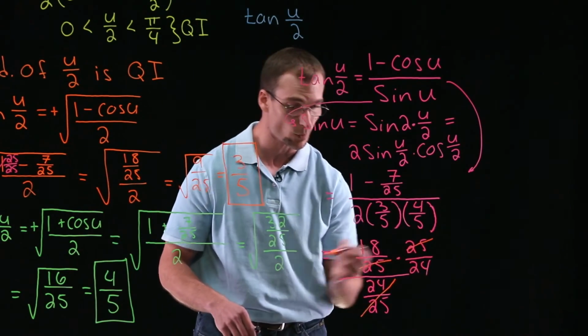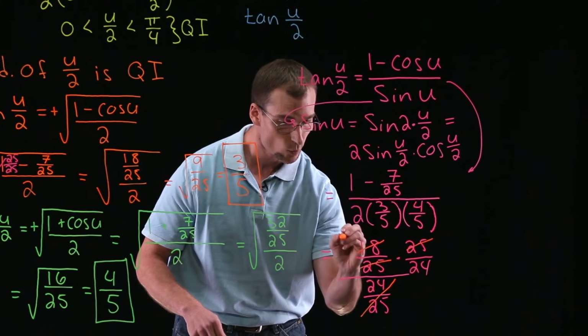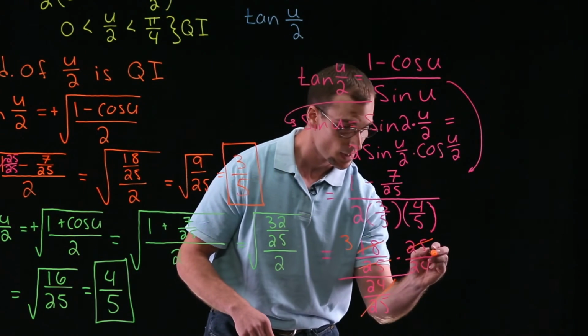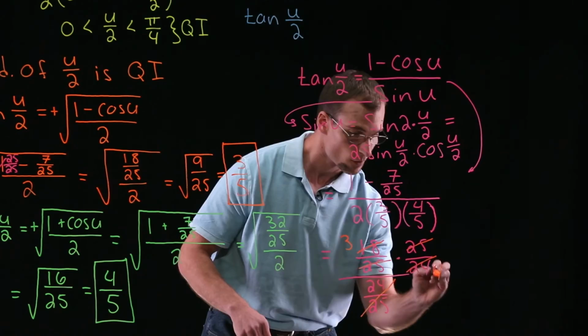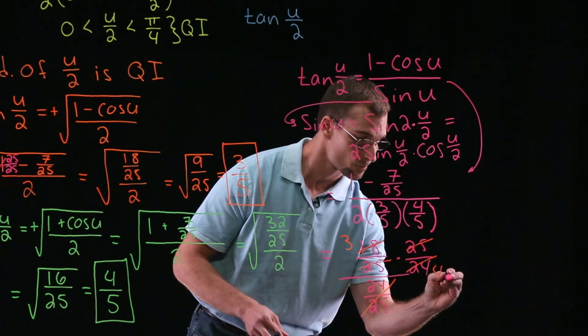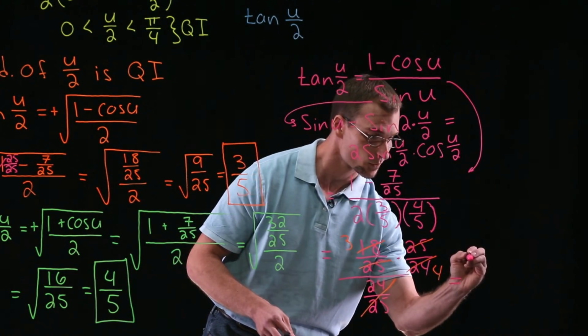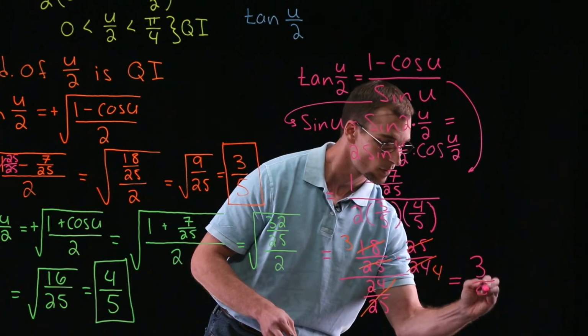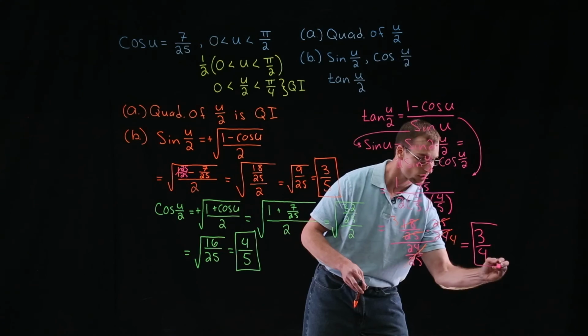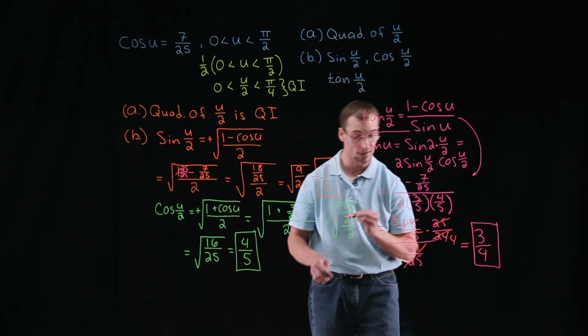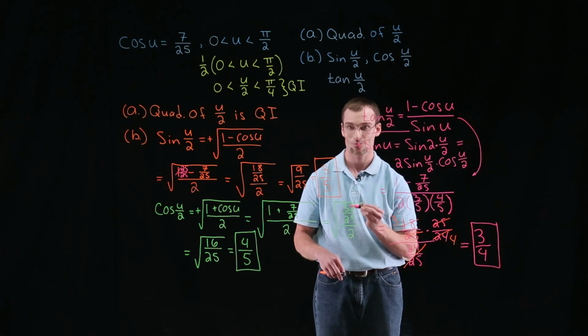Lastly, we see 18 over 24. 6 goes into 18 3 times and 6 goes into 24 4 times. So this simplifies to 3 over 4, which gives us the exact value of tangent of u over 2. Thank you very much.